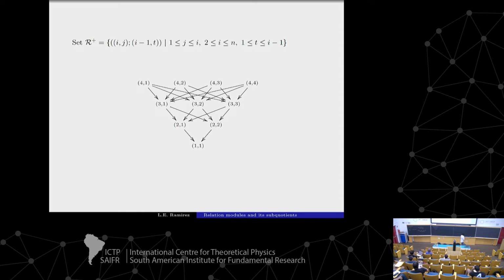In this case, I define some set like R plus. It's the set of all possible arrows going down between consecutive rows. And then R minus is the set of all arrows going up between consecutive rows. That's the best way to think about these sets of relations.